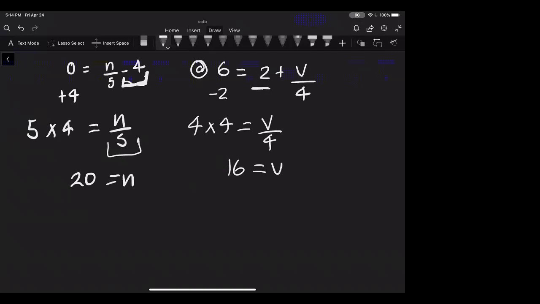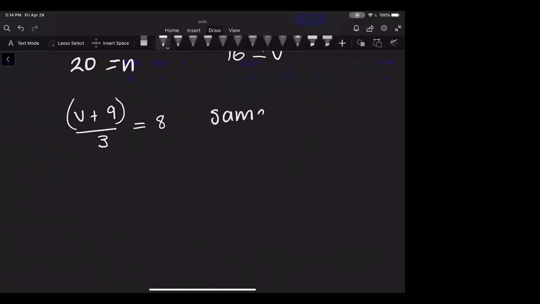Okay, let's see what else. Let's do this question now. This one's a little bit challenging. Okay, so now we have brackets, right? But do you see how BEDMAS flipped, brackets would be at the end?